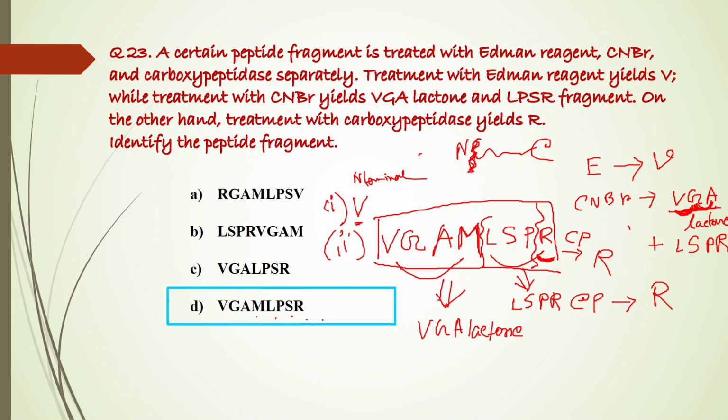Like that you have to solve or reconstruct the peptide sequences. This was an easy one. In some cases the sequence might be long and you might need many more enzymatic digestions to understand it and then solve it like a puzzle. Okay, hope it is clear to all of you.